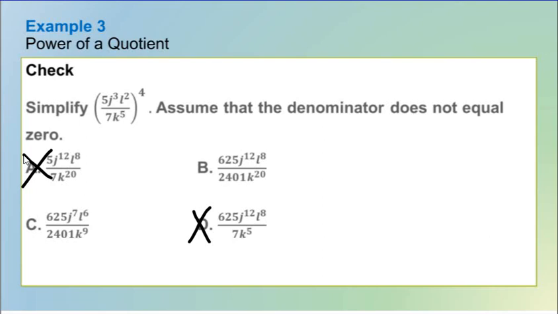The only one that has j to the 12th in here would be B. So our final answer would be 625 l to the 8th divided by 2,401 k to the 20th power. When it's multiple choice like that, it's quick just to scan the choices you have, and then find the ones that they did not simplify correctly.